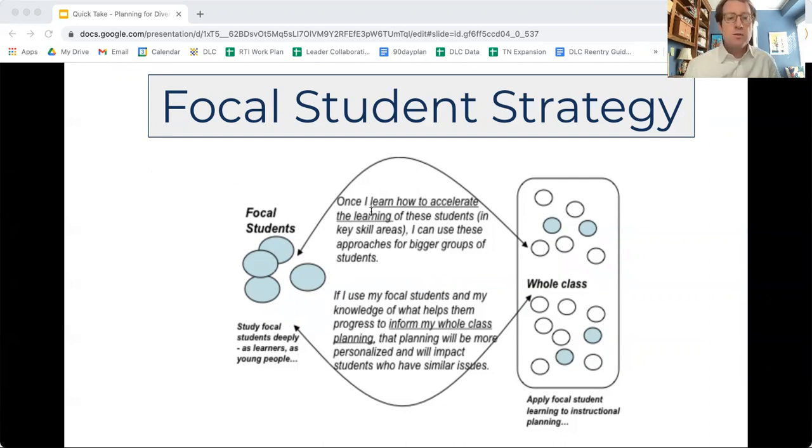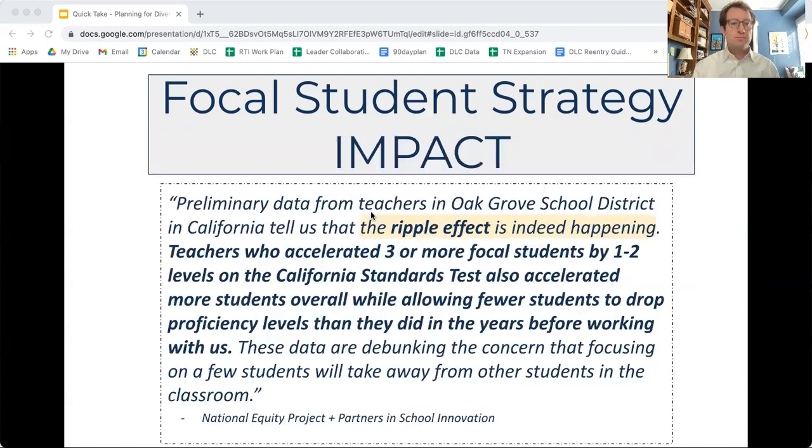What I think is important about this strategy is that it's not only important for teachers to examine the focal students' academic needs, but also to think of their affective or emotional needs. Think of that whole child. So when we're walking through the strategy, it's not just about the academics, but also the rest of the student.